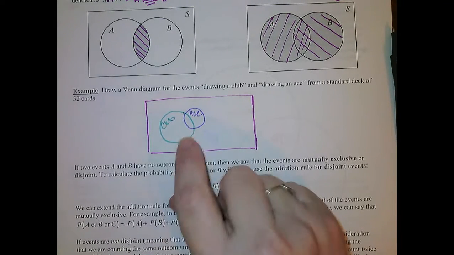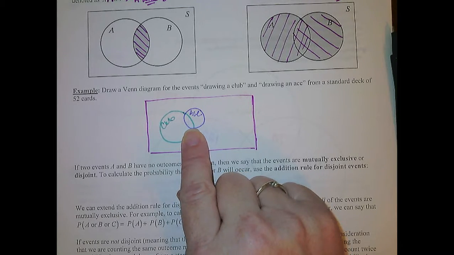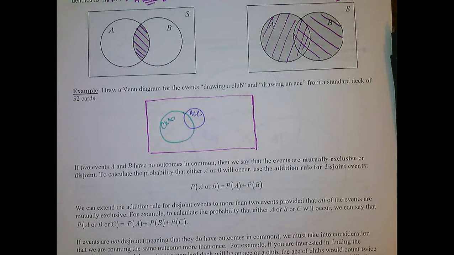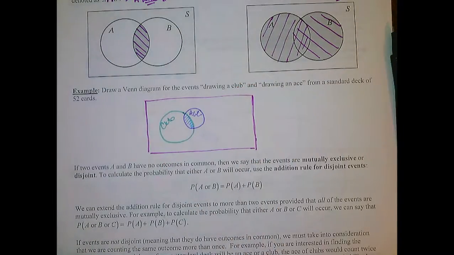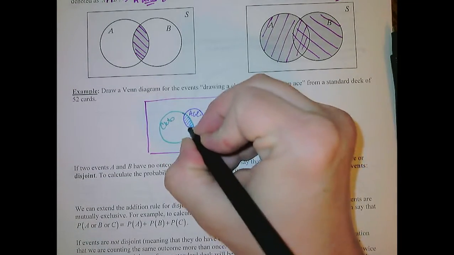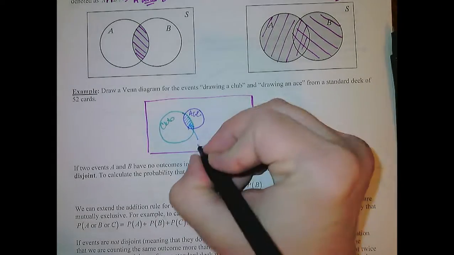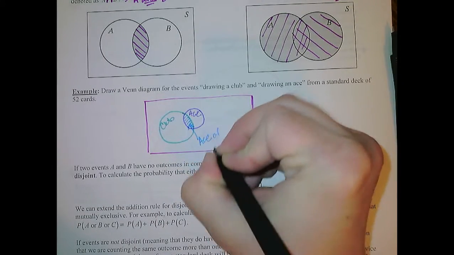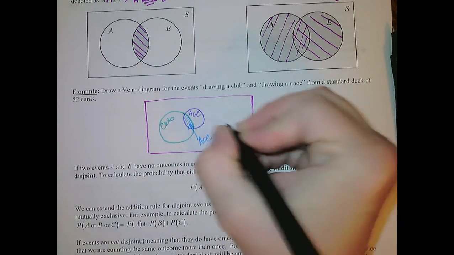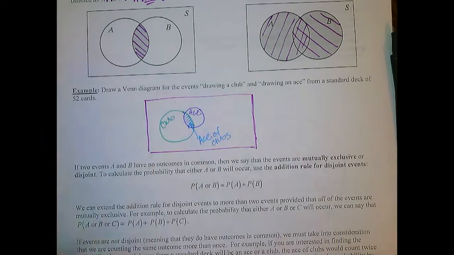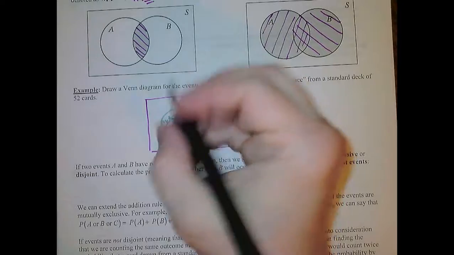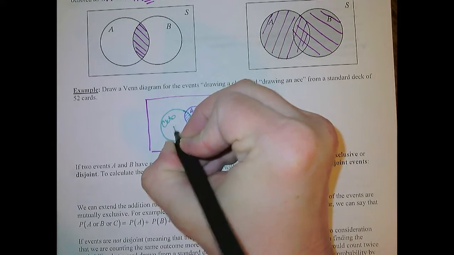This overlapping region then would represent those outcomes that fall in both. So this overlapping region would have 1 card. It would be the ace of clubs. That would be our intersection, the overlap, which means that there would be 12 cards here in our area of just clubs.